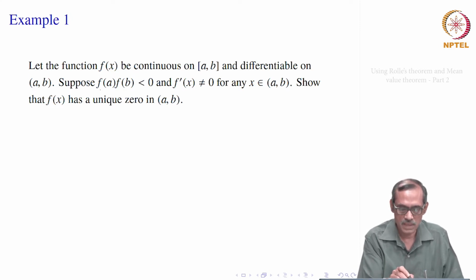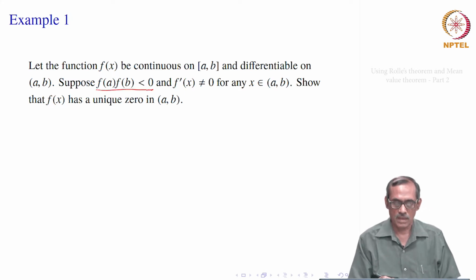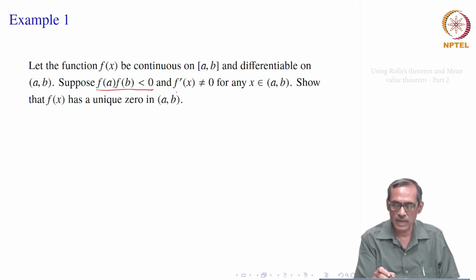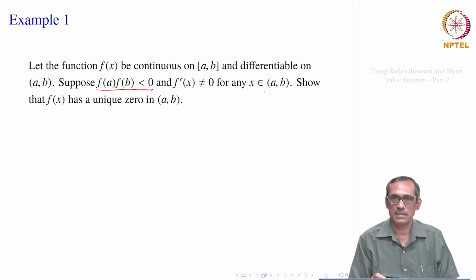It is given that f(a) times f(b) is less than 0, which means they have opposite signs. If f(a) is plus, f(b) is minus, and if f(a) is minus, then f(b) is plus. So, that product is less than 0. And it is also known that f'(x) is not equal to 0 for any x in (a, b). So, it does not vanish at any point of (a, b).